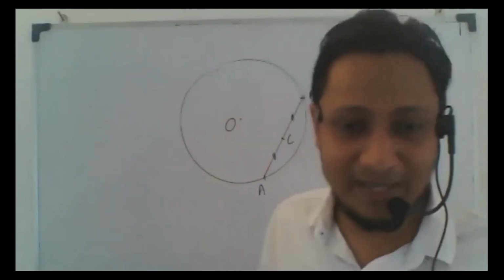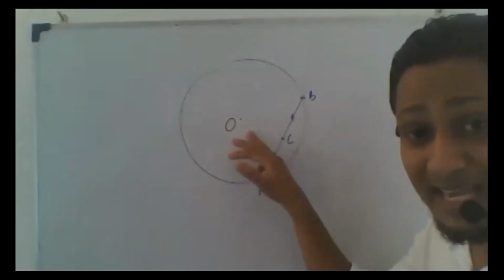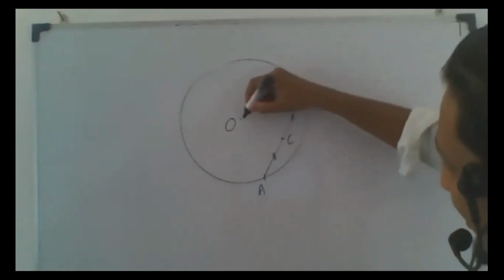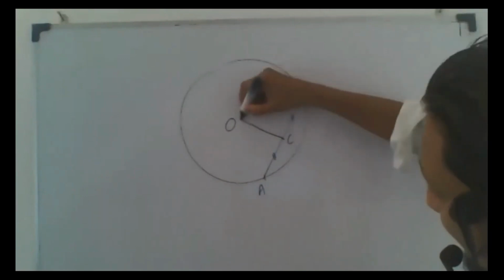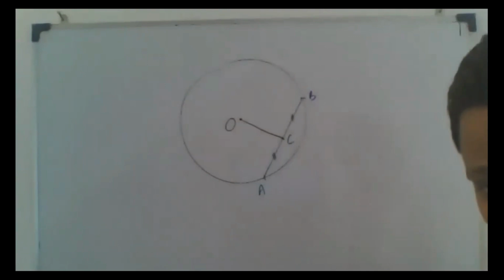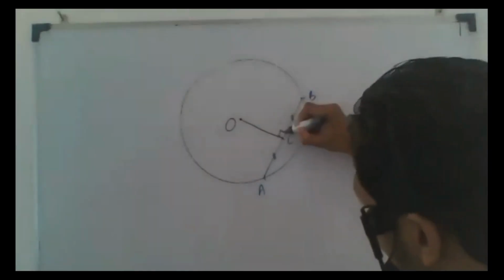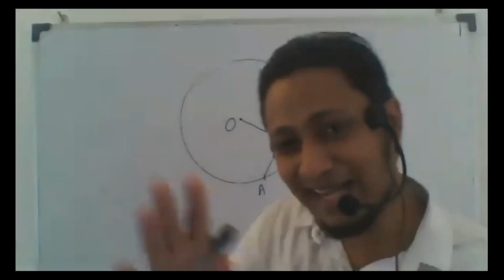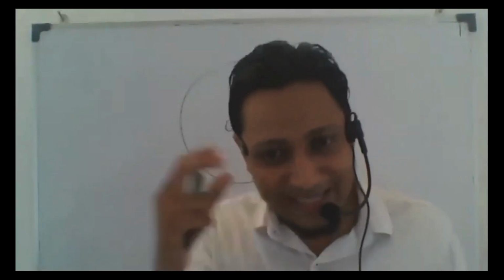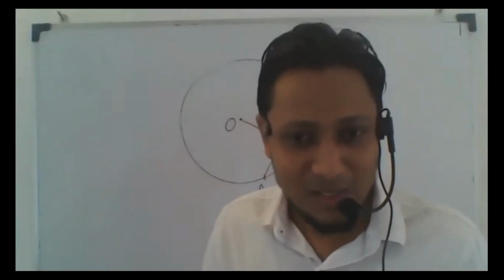What is going to happen? When I draw a line from the center to the midpoint of the chord, it makes 90. I can't just say it makes 90, I should say it nicely. For example, I am the one cooking, but saying that is not good; I am the chef, it's a nice name.